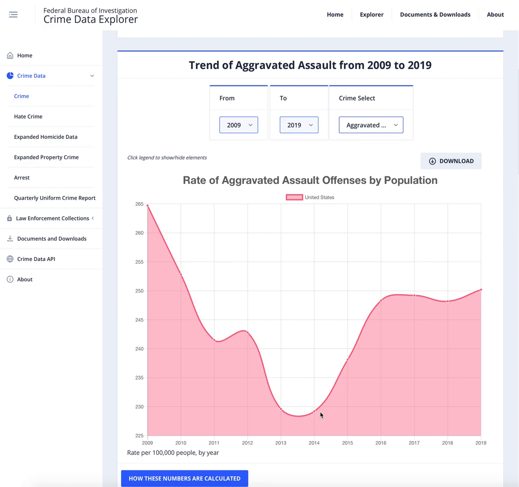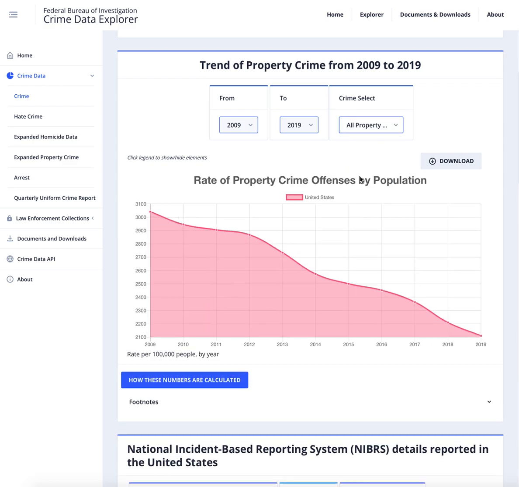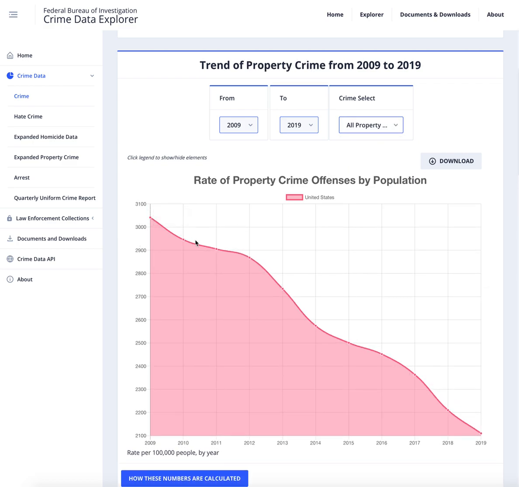Aggravated assault has more of that drastic increase: two years from 2014 at a low point, 2015 and 2016 going back up, and then it still has a little bit of an increase. Now if we look at all property crimes, your textbook mentions there's a pretty significant decrease in all traditional types of crime. The things that are increasing are internet-based, technology-based crimes, but property crimes have been decreasing for a little bit.